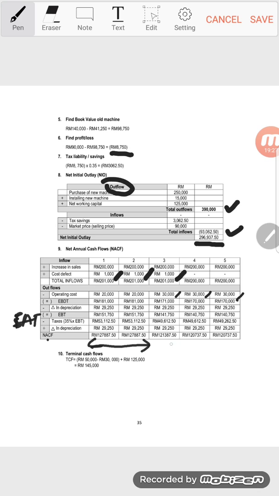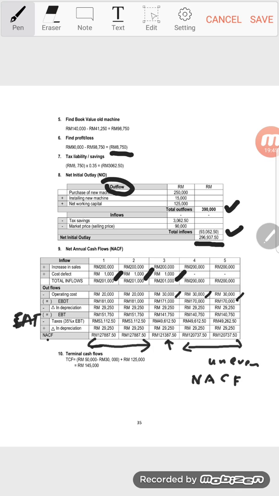Year 3 lain. Okay, tengok year 3 lain. Year 4 sama dengan year 5. So, dia jadi uneven cash flow. Ataupun uneven net annual cash flow.